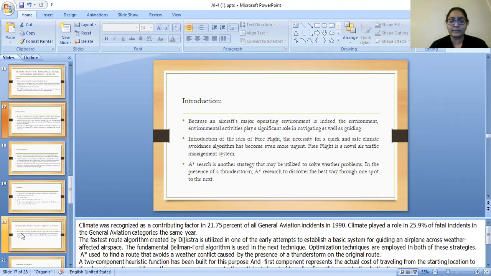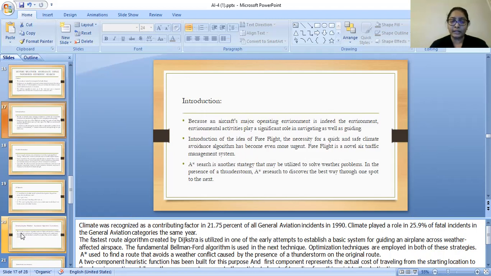Following these numbers, the importance of knowing weather events and their consequences does not appear to be overdone. With the introduction of free flight, the need for a quick and safe climate avoidance algorithm has become even more urgent. In recent years, this area has gathered the attention of a lot of researchers.